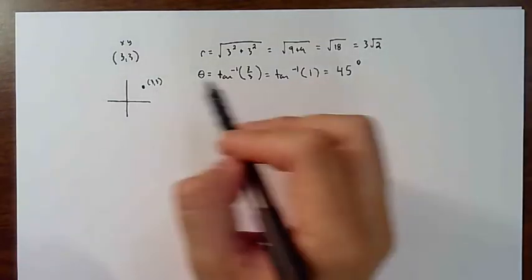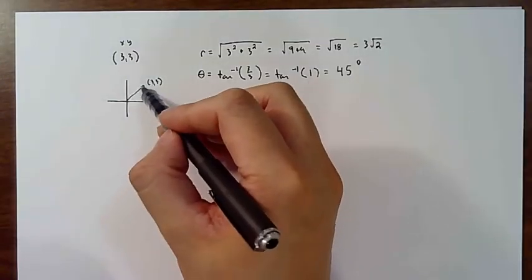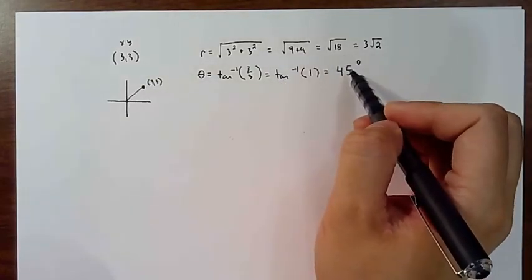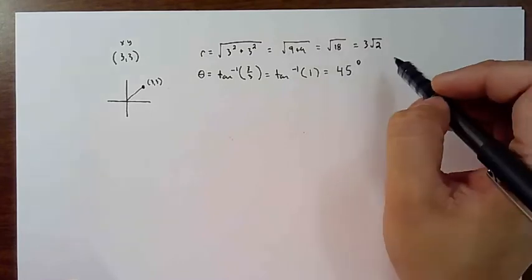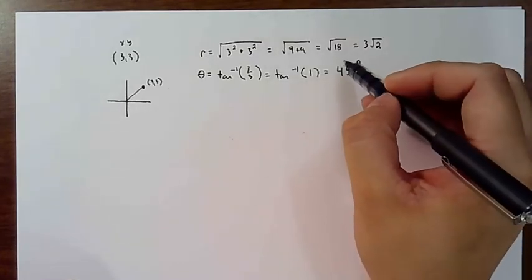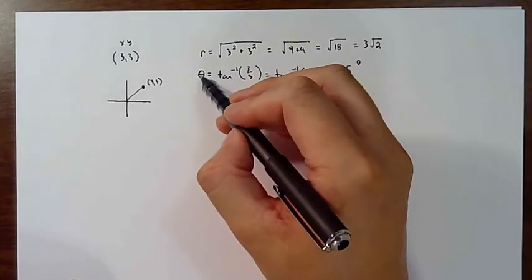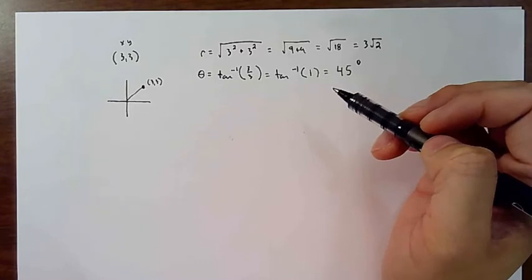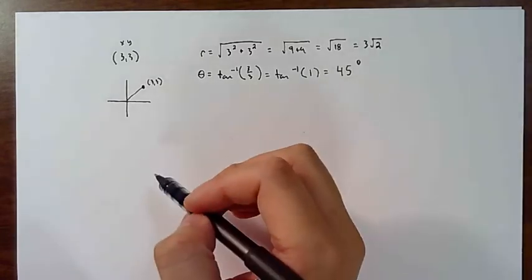So if we look, this is in the correct quadrant. So we do not need to do an adjustment here. All right. And I gave no domain restriction, so this is totally fine. If they gave you a specified range that your theta had to be between, sometimes you have to do an adjustment.